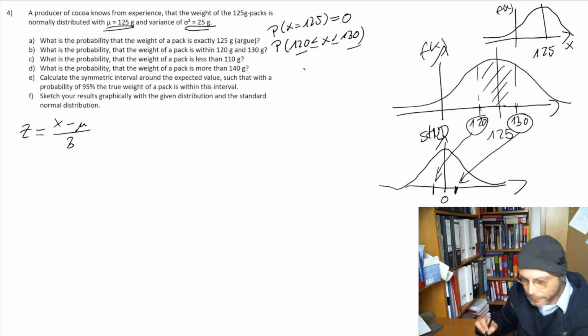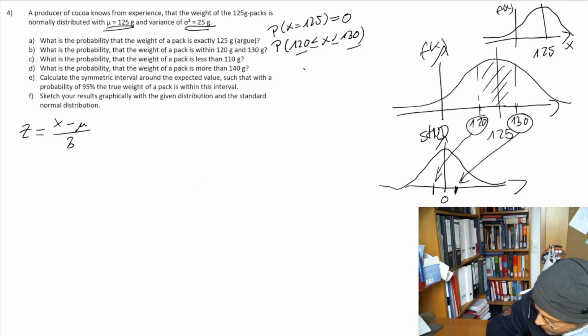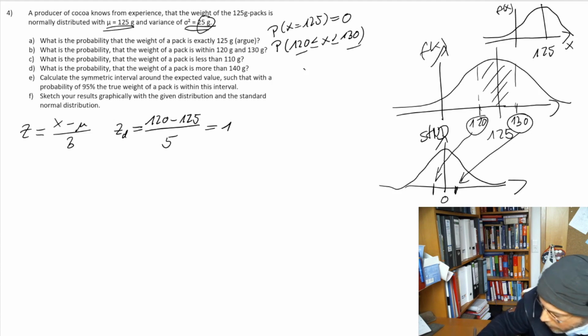So the 120, so I said z_d for z down, is 120 minus 125, divided by the square root, of course, which is just minus 1.